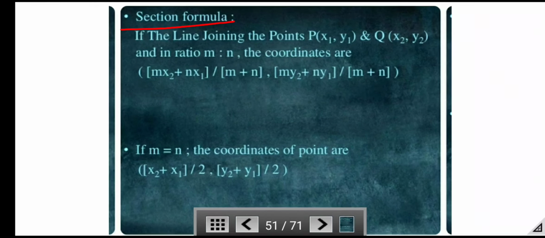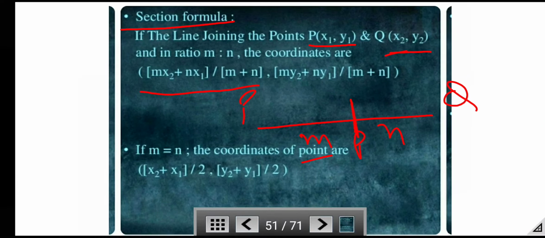This is a very important formula, the section formula. If the line joining the points P and Q, where the coordinates of P are x1, y1 and the coordinates of Q are x2, y2, is divided in the ratio m:n, the coordinates of this point are given by this formula: (m x2 + n x1) divided by (m + n).